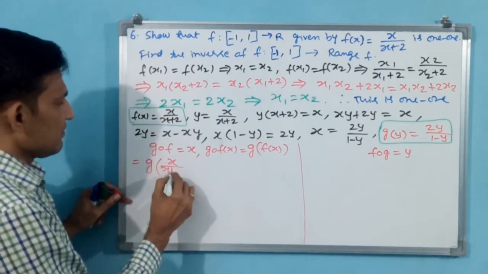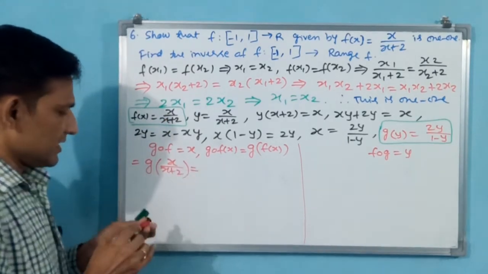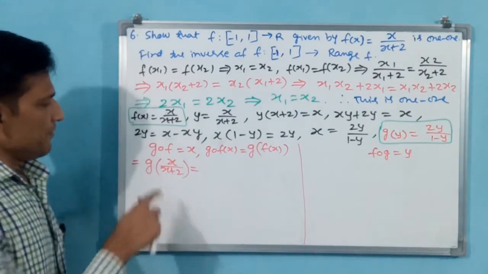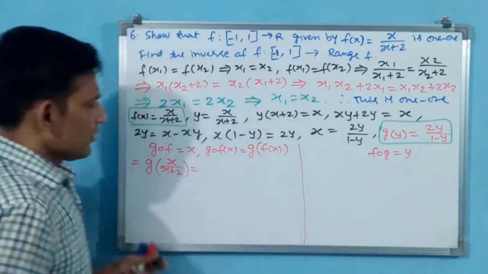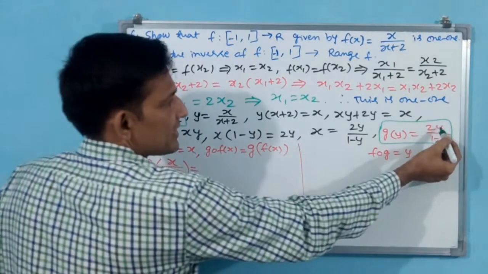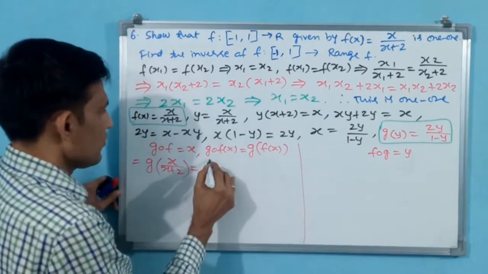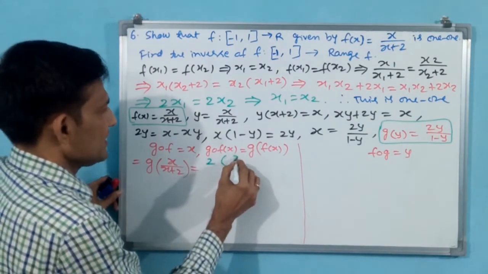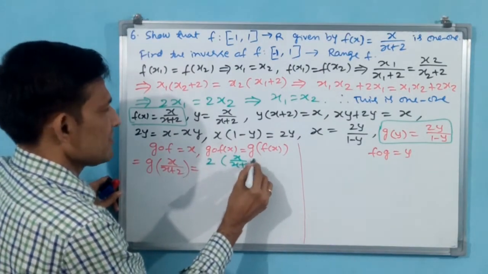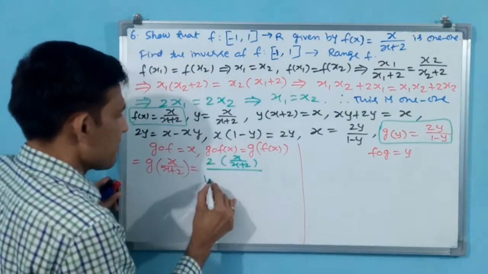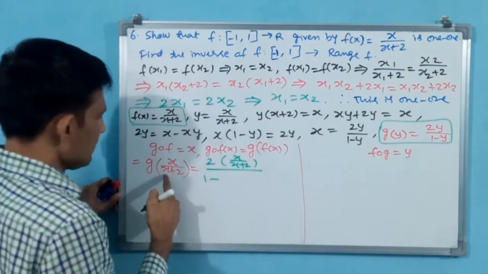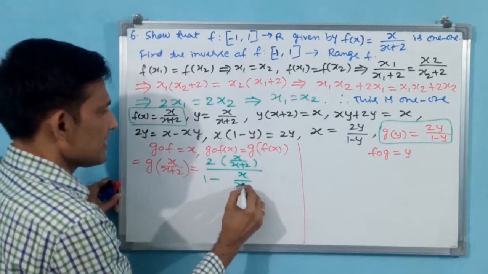See, if you give y in g, 2y by 1 minus y will come. So here you have to write 2 into x by x plus 2 divided by 1 minus y, where y means this one, x by x plus 2.